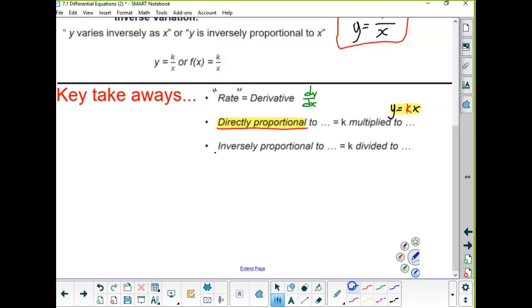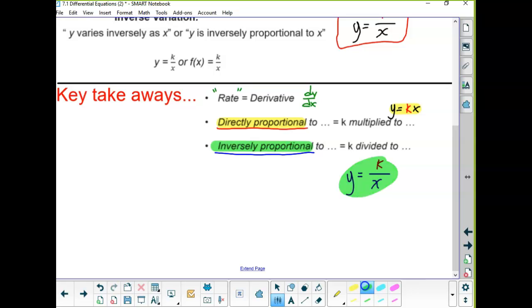And then the inversely proportional, when you see that, that was the divide. So k divided by x. And you'll see why this is important and how it relates to calculus, because technically this is stuff you talked about in Algebra 1, and my guess is you probably talked about it for a day.